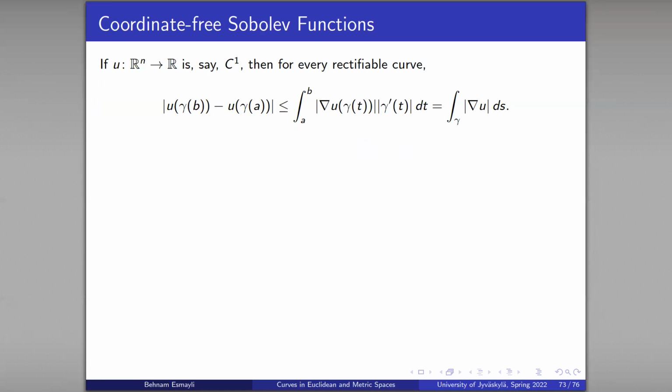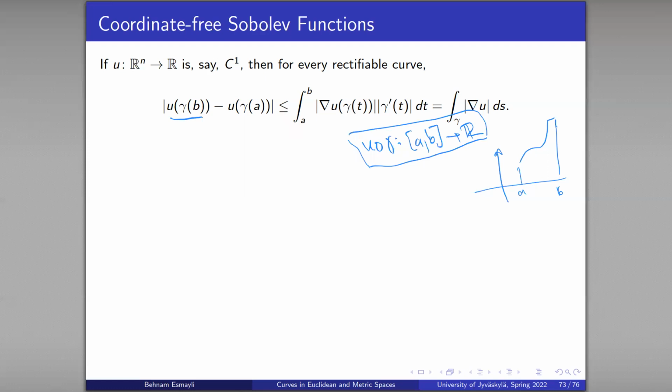So here you would look at u composed with gamma as a real valued function on the interval AB. And we know how to deal with such functions. This is the simplest thing that we learn in calculus. So we have a C1 function from AB, and we have the fundamental theorem of calculus. You apply it: the value at B minus the value at A equals the integral of the derivative.